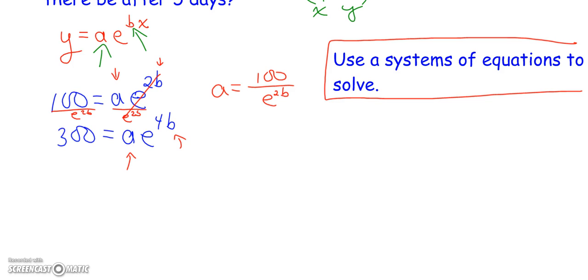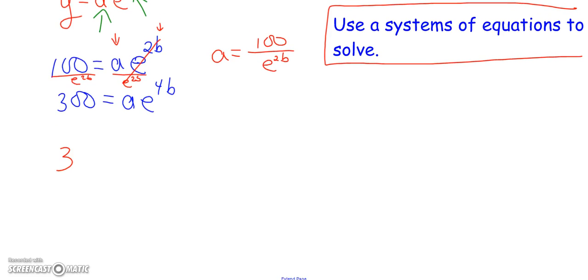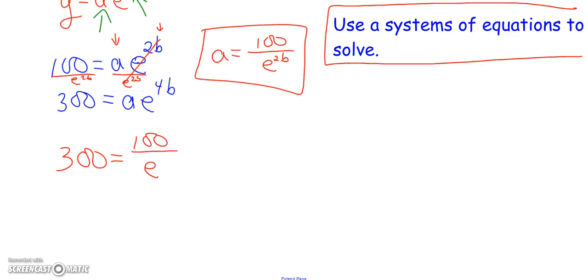I'm going to go to this equation that I have not yet used, the second one, the one that begins with 300. And I'm going to replace the a with what we found earlier, 100 over e to the 2b. Now, I still have to do times e to the 4b because that's right out of our original equation.